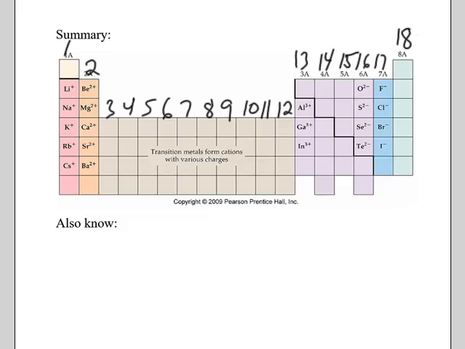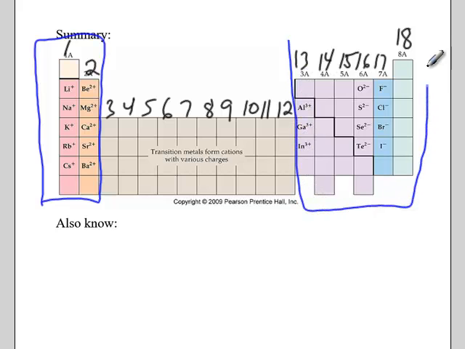So as long as we're talking about a main group metal, which is groups 1 and 2, and 13 through 18, as long as we're on the metal side of that staircase, then all we have to do is look at the last digit of the group number and we'll know the charge that that element makes when it forms an ion.